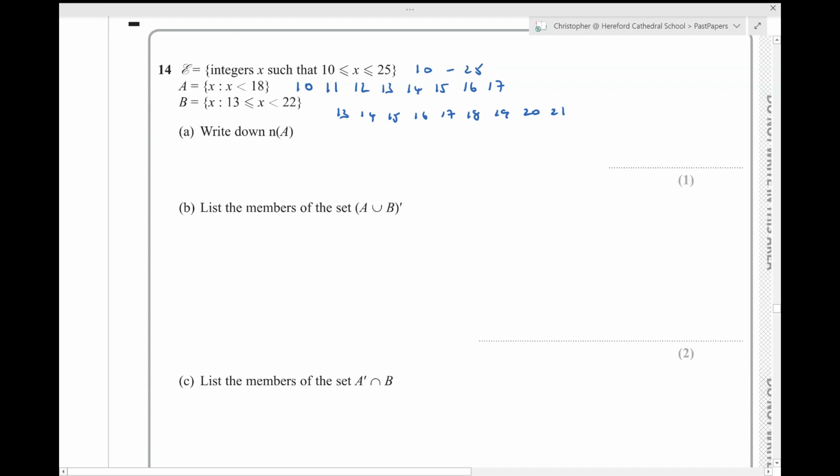Okay. Write down the number of elements in A. 1, 2, 3, 4, 5, 6, 7, 8.